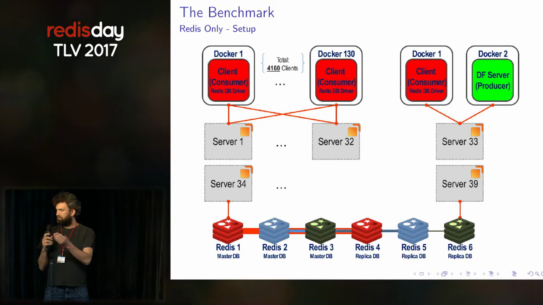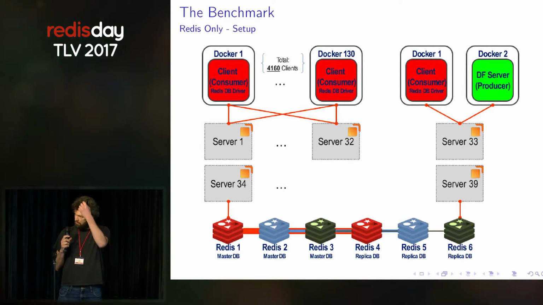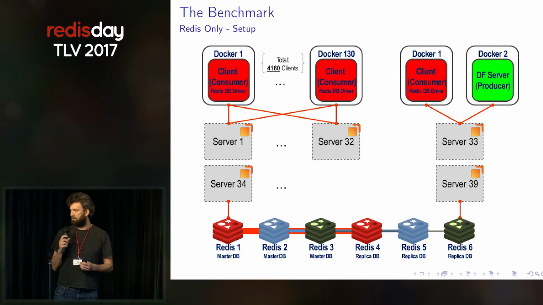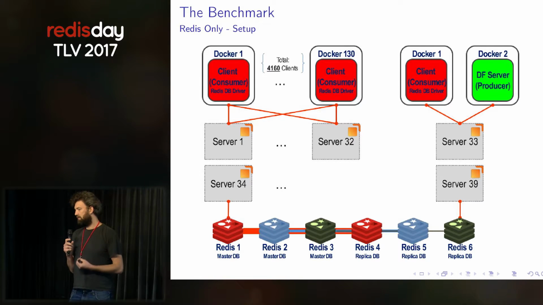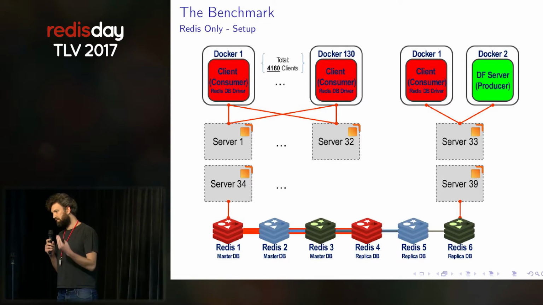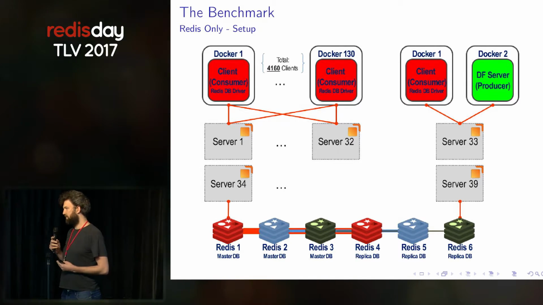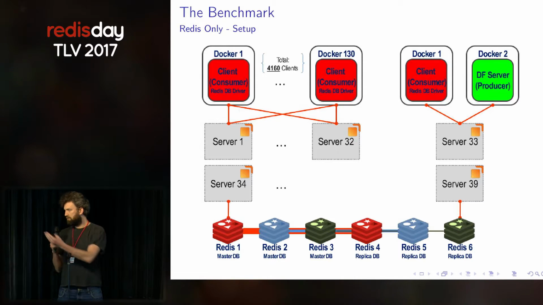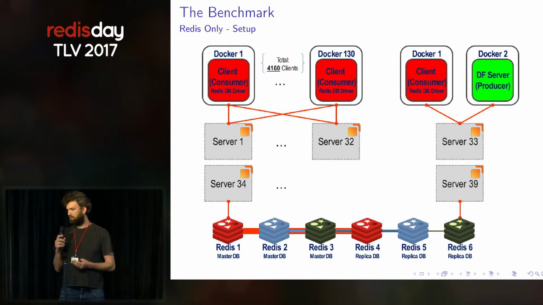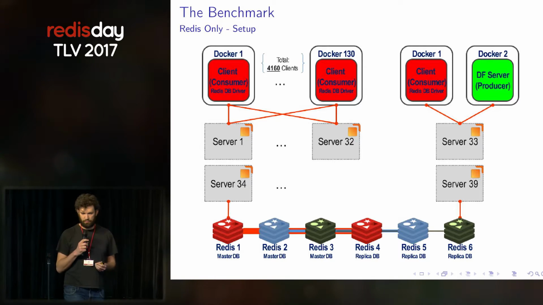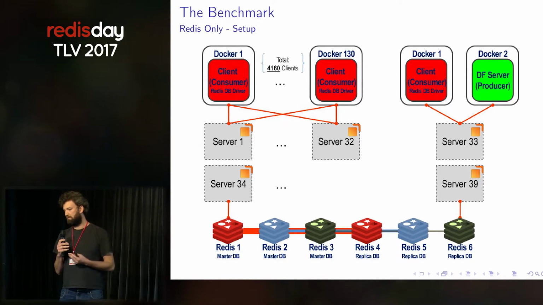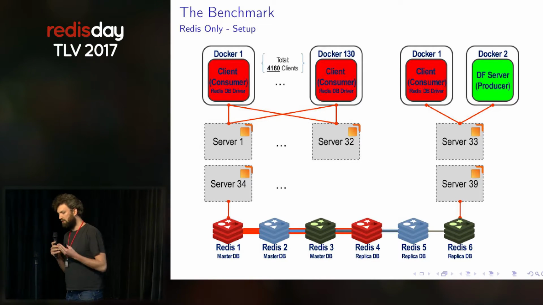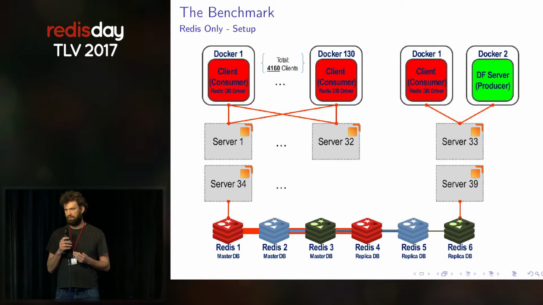And then we have containers. We have 130 containers on every server, which receive these events and in general act upon them. And this first test just notes that the event was received. You note that the actual producer server also has a consumer. This is to have more accurate information about the timing, because synchronizing 33 servers is difficult.